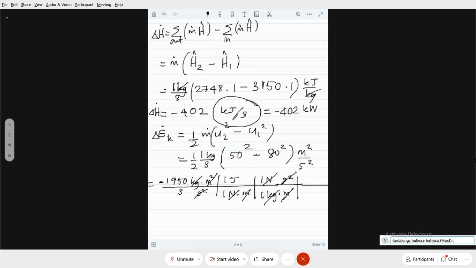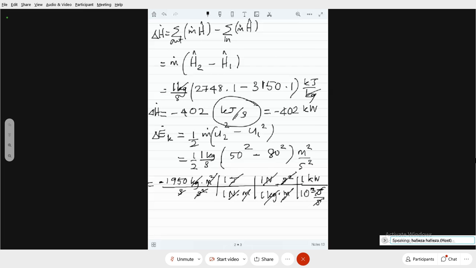So we end up with joules per second. Now 10 to the power of 3 joules per second is equal to 1 kilowatt, is that right? Yes. Cancel the joules, cancel the second, we end up with kilojoules.